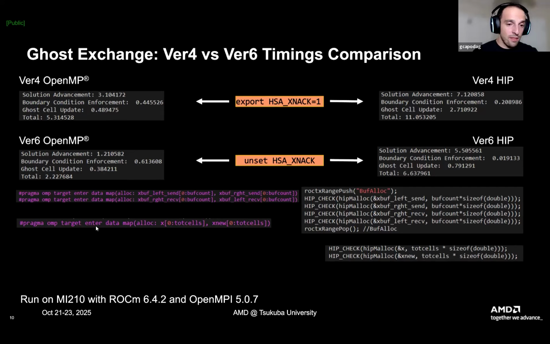There are going to be these maps that allocate on the device for the solution, and also for the MPI buffers. For HIP, we're going to make heavy use of hipMalloc to allocate on the GPU, and then use GPU-aware MPI.